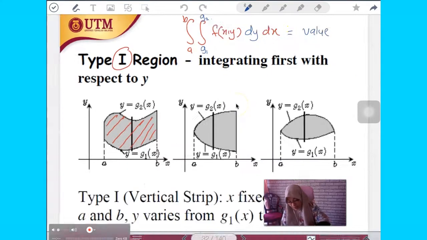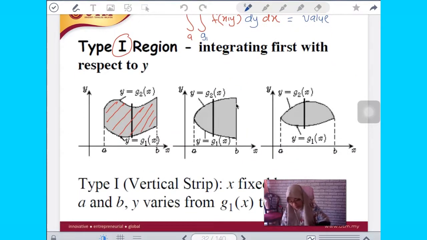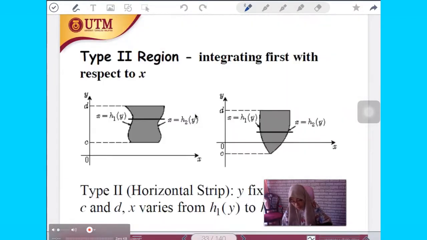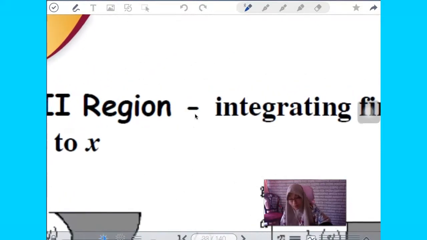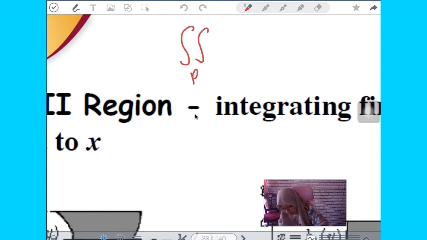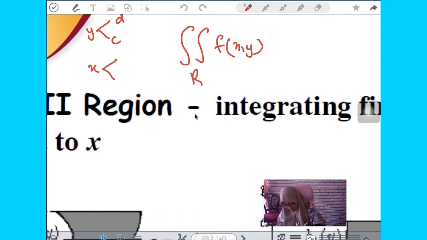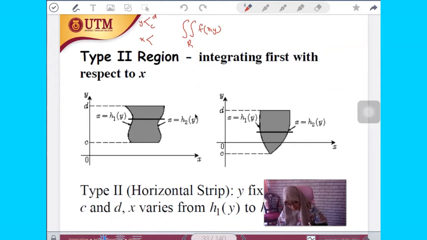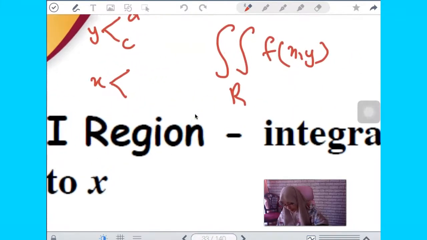Using a similar ideology, we implement this for type 2. Type 2 says that now x is a function. Back to the double integral over the region. For this particular case, y is constant, from c to d, and then x is a function, just now they used h1, h2.